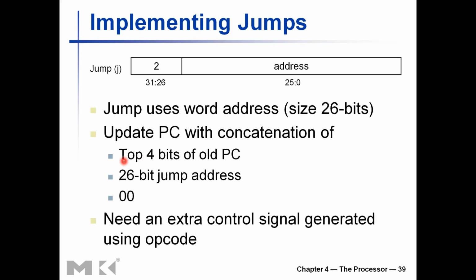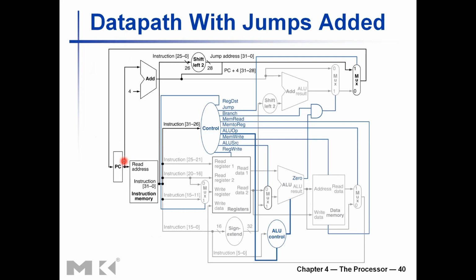Now, in order to get this concatenated value into the program counter, we need another extra control signal generated by our control unit, in addition to the 9 control outputs that we looked at so far. So this is the data path and control, including the jump instruction.